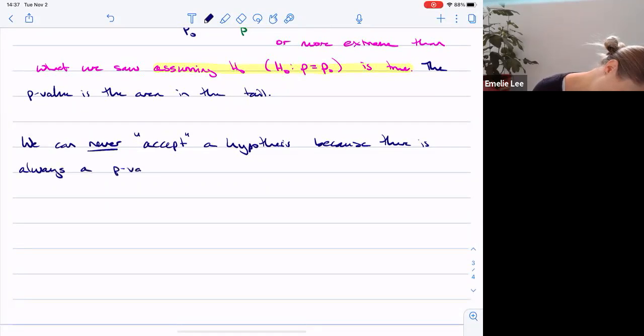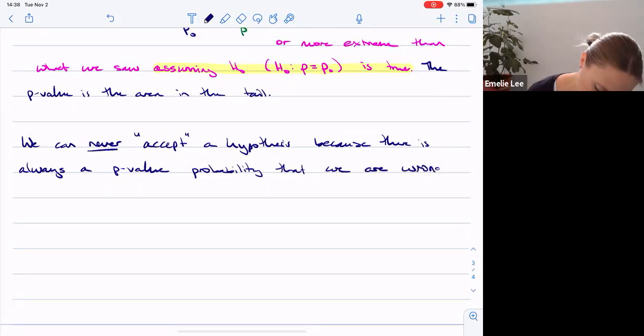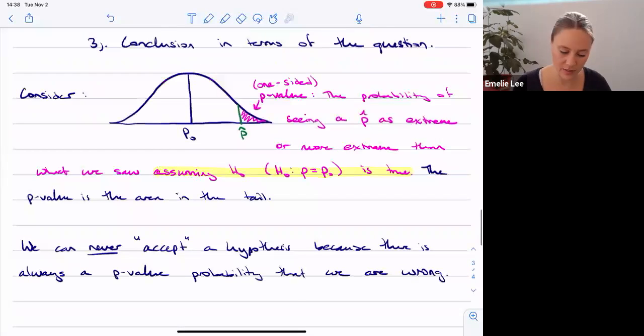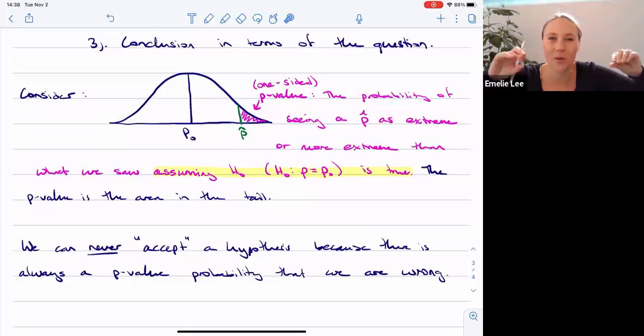There is always a p-value probability that we are wrong. That's the tricky part. Here we've got our hypothesized proportion, and it's centered on our hypothesized proportion, but what we know about these normal distributions is that they never close on the axes, right?